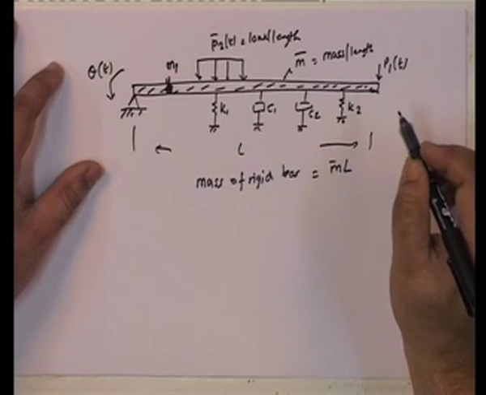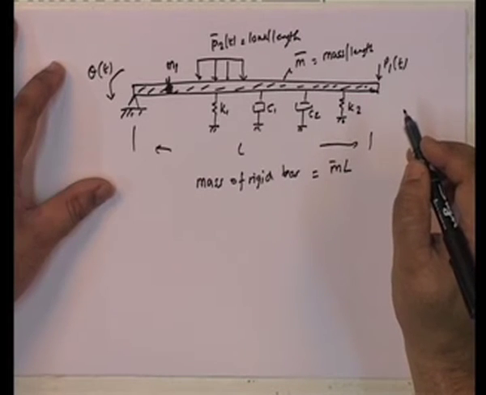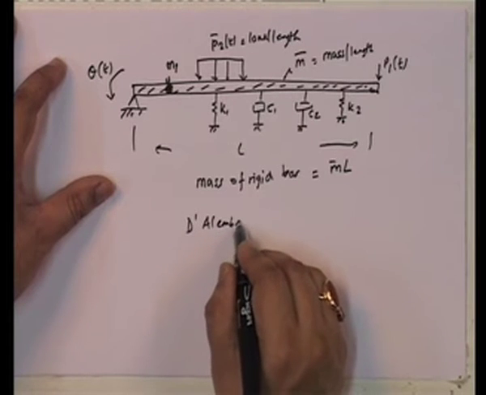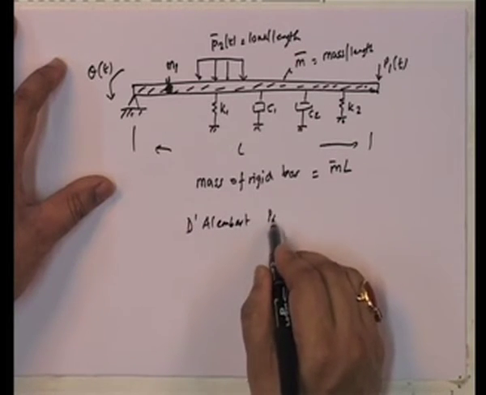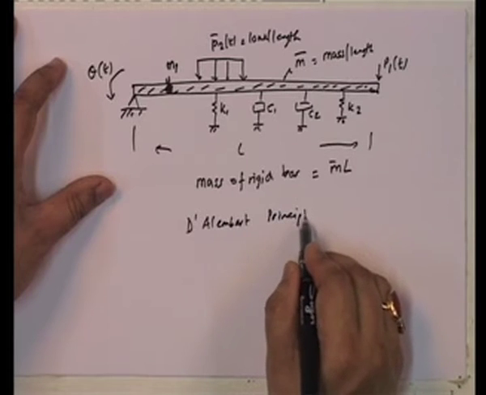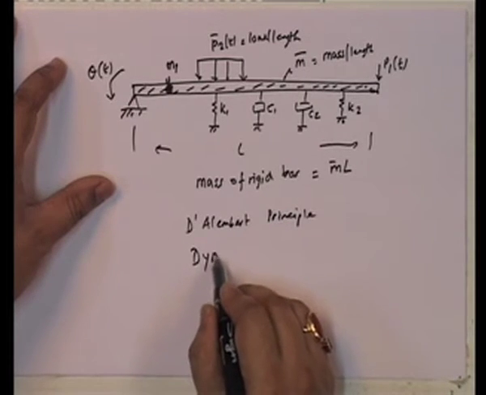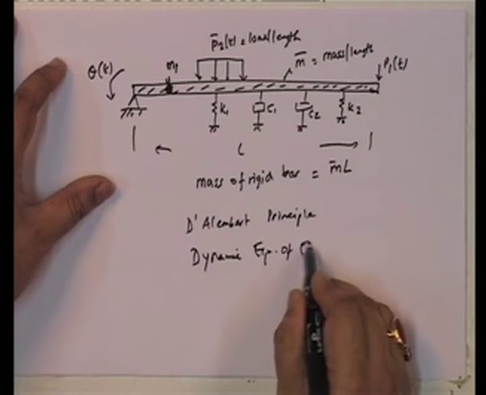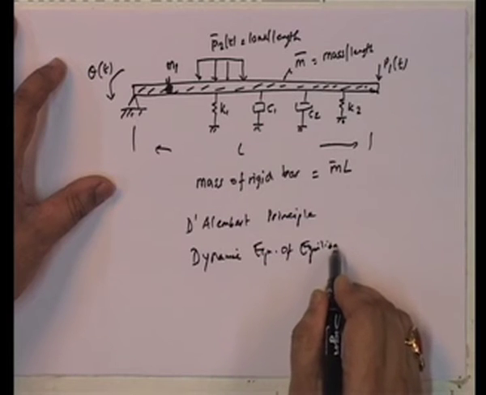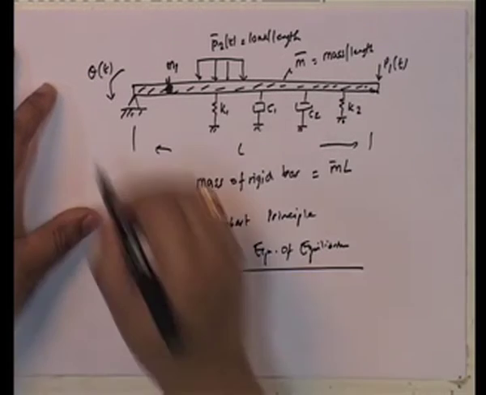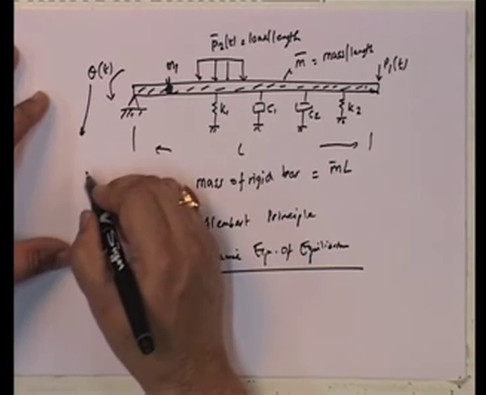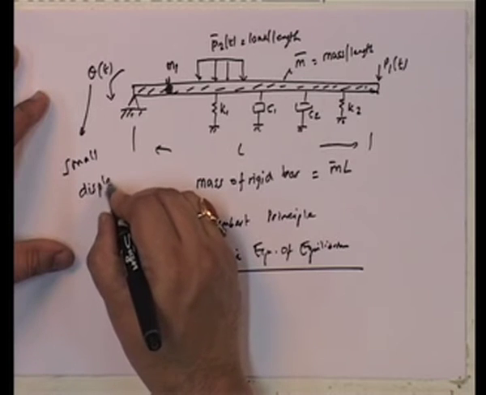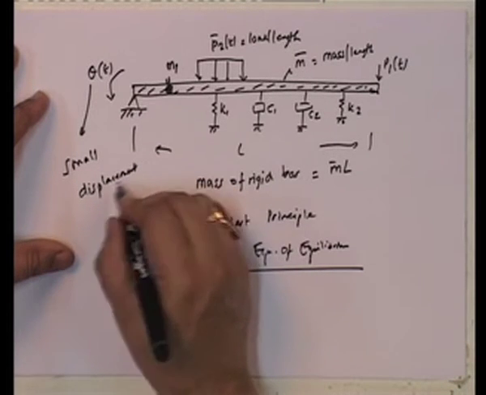And the way I solve this problem is by using the D'Alembert principle, which is essentially the dynamic equation of equilibrium. Note that this by definition is small displacement.